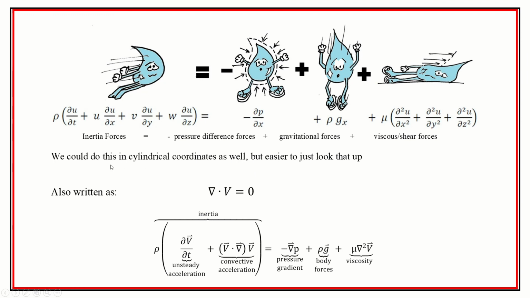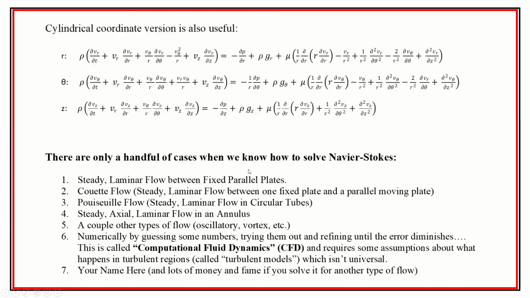By the way, we can also do cylindrical coordinates as part of this Navier-Stokes discussion. I actually do think that I wrote that in my notes somewhere. Okay, right here, oh, there it is. I said I was going to do it. There she is, the cylindrical coordinates version of the Navier-Stokes.